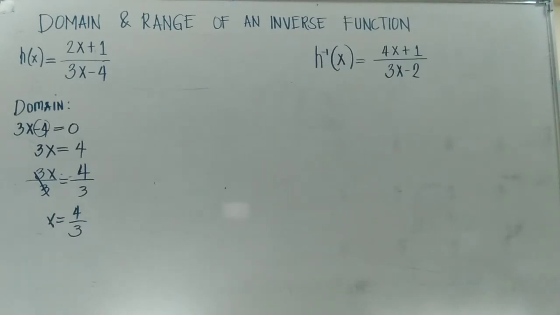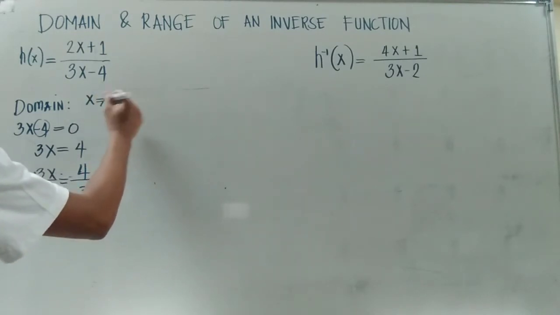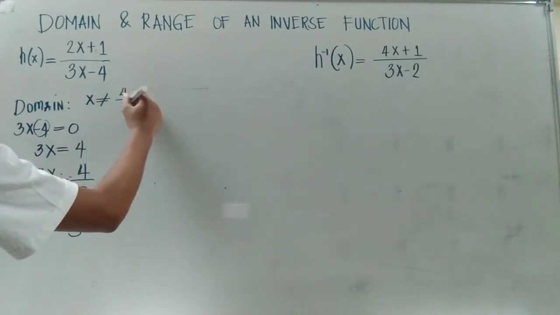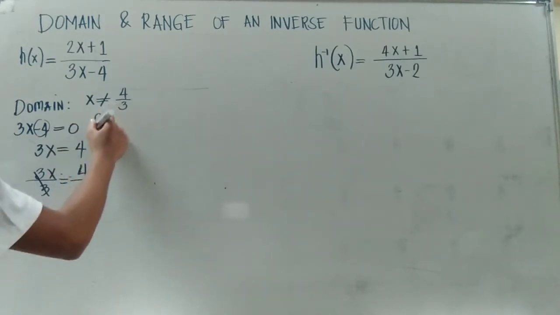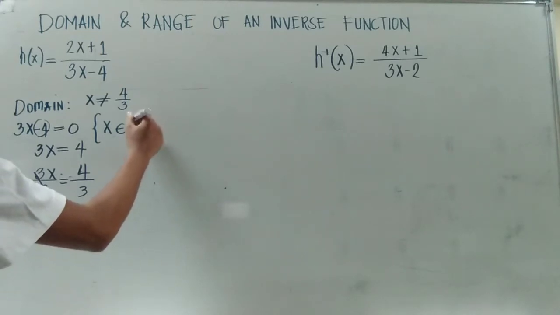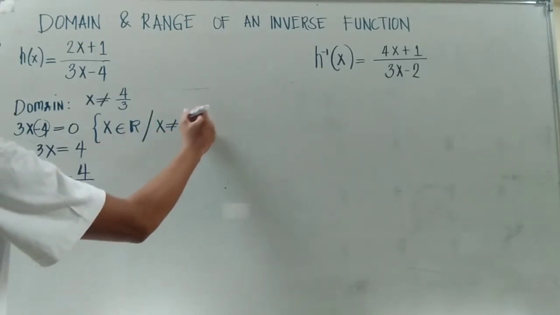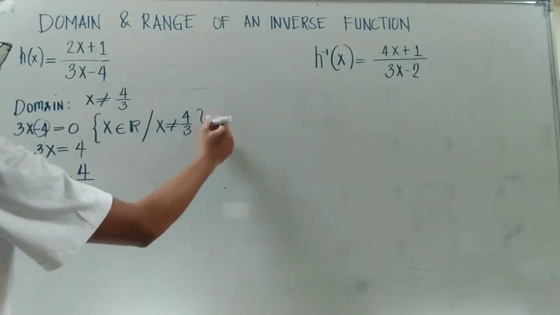Right? So our domain is x is not equal to 4 over 3. Or using set builder notation, x is an element of real numbers such that x is not equal to 4 over 3.